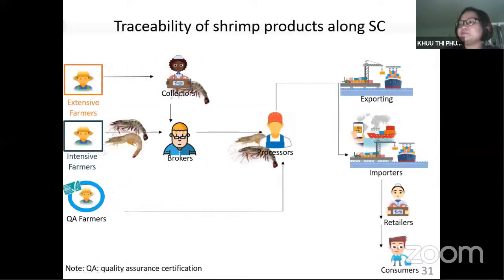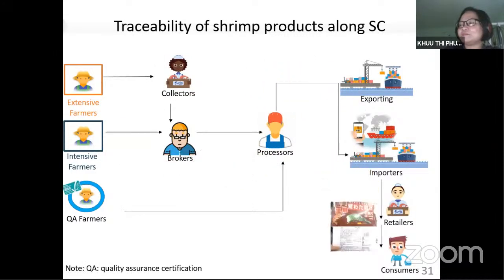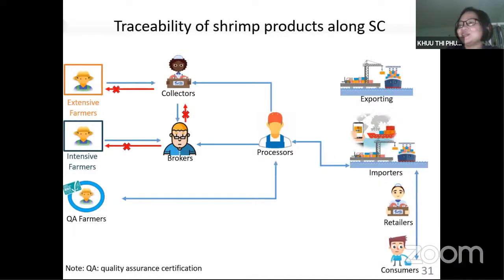And you can see, again, okay, this is my simulation, and this is the information flow. From the consumer on the global side, they can trace the information until the processor, and from the processor, we can trace to the brokers.